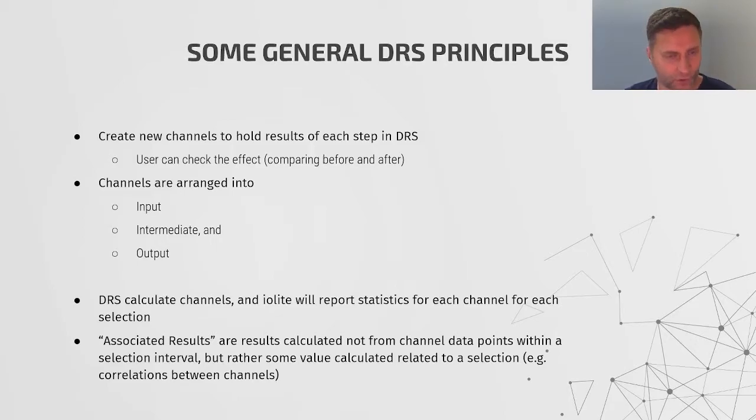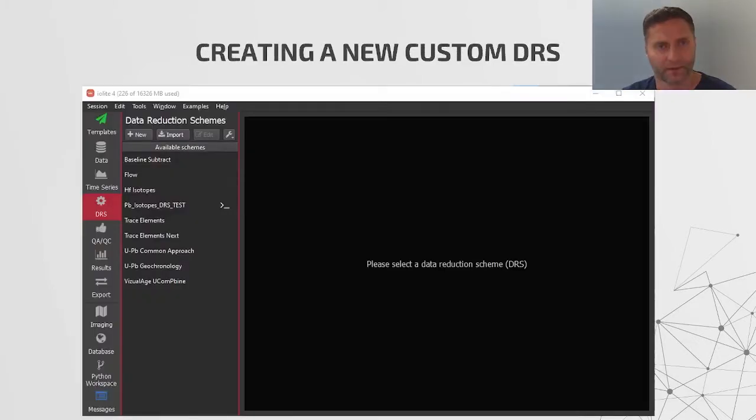It's based on two channels and the correlation between the two. And because of this, these associated results are treated slightly differently than normal results in iolite. And we'll show how to set those up towards the end of this presentation. But they can be set up in your DRS. And as I said, the most common example for this is a correlation between two channels.